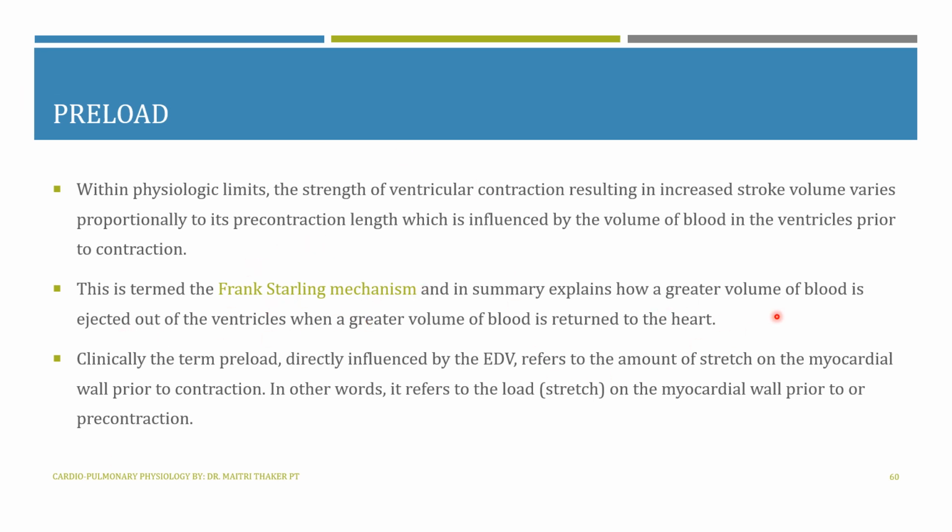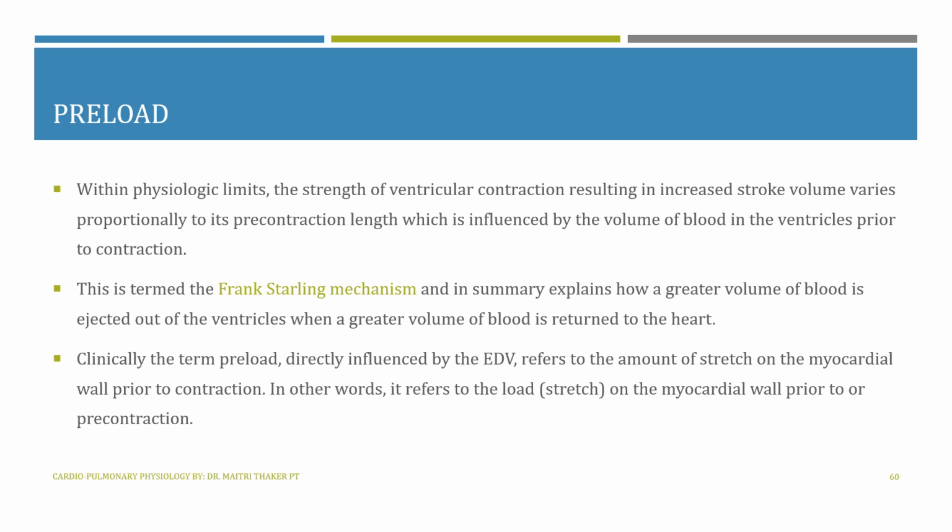It explains how a greater volume of blood is ejected out of the ventricles when a greater volume of blood is returned to the heart. If more blood gets into the ventricles, it leads to a stretch on the ventricular muscles. The ventricular cavity gets filled with more blood, and due to that the pre-contractile length increases, and due to the Frank-Starling mechanism the strength of ventricular contraction increases, and because of that stroke volume will increase.